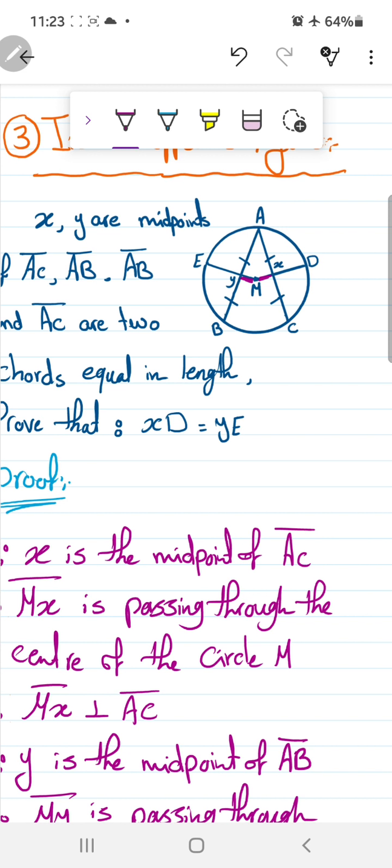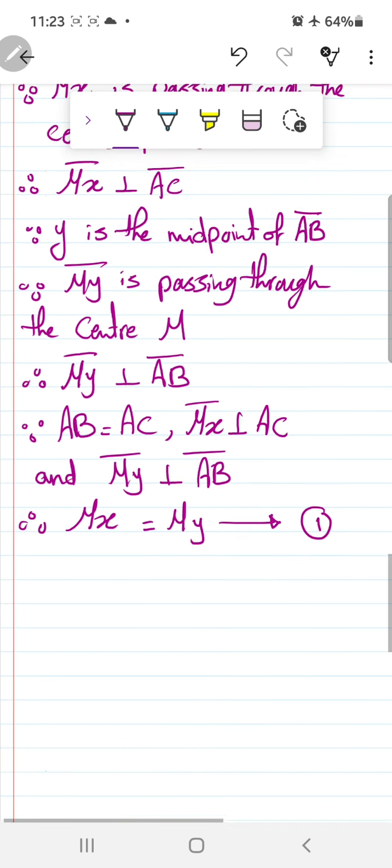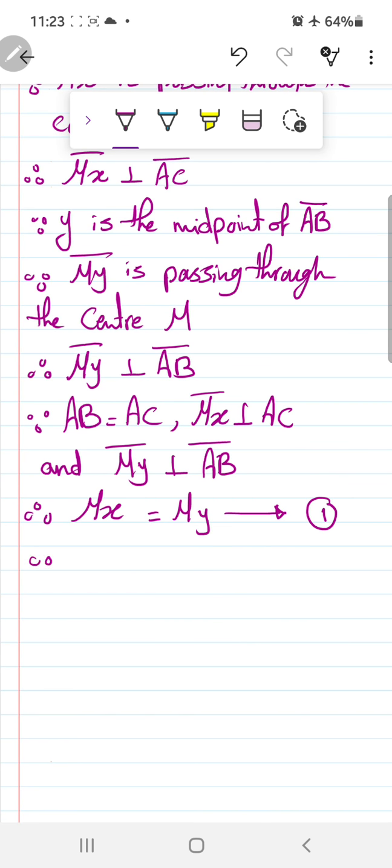ME and MD are two radii. A line segment joining the center of the circle and any point on the circle is called the radius. So MD and ME are equal. Since ME equals MD, the reason is two radii, and let it be number 2.